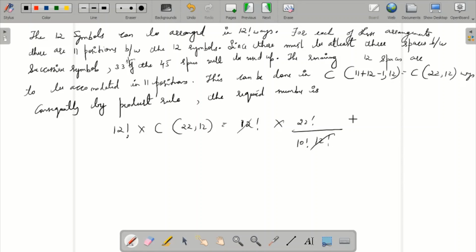So this and this get cancelled. So it is 22 factorial divided by 10 factorial. So the solution will be 3.097445 into 10 to the power 14 ways. So this is the solution for example 6.